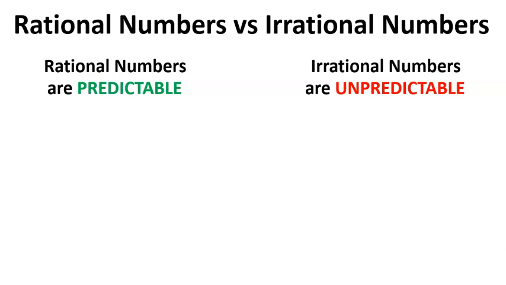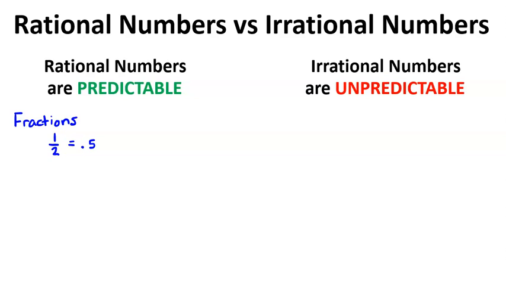So with rational numbers, we have fractions. And remember, the top and the bottom, the numerator and the denominator, they both have to be integers, but they cannot have 0 on the bottom. So if I have something like 1/2, if I were to write that as a decimal, I know that that would simply just be 0.5.